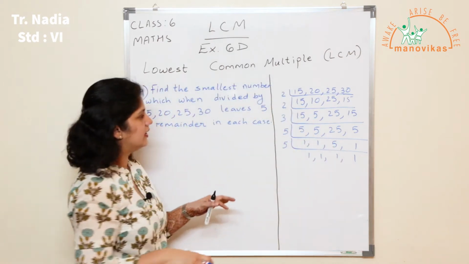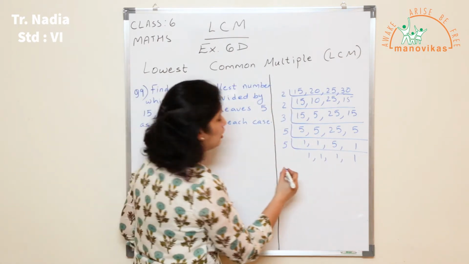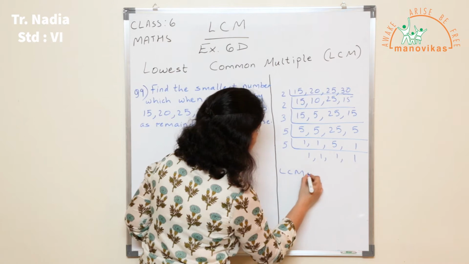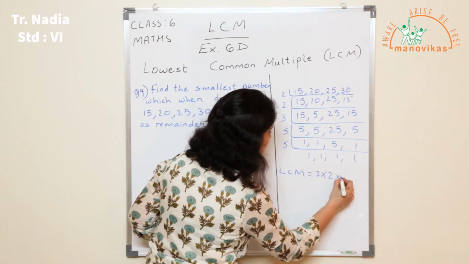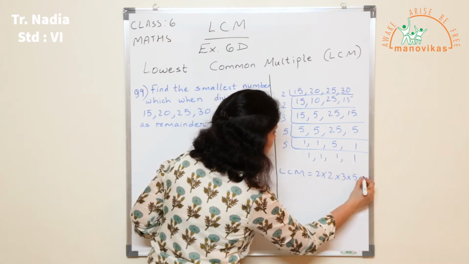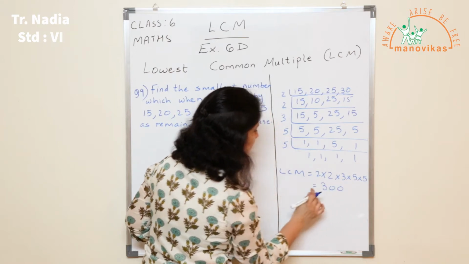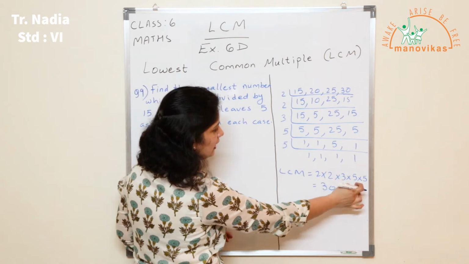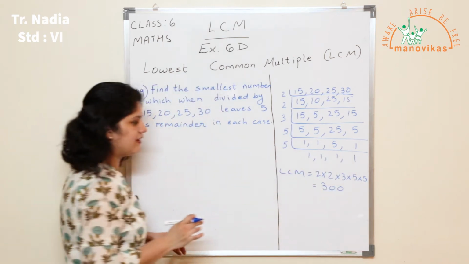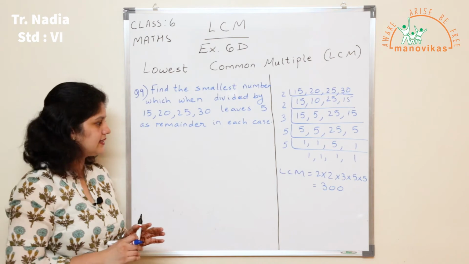Okay, so I have divided all the numbers. What would the LCM be now? Let us multiply 2 into 2 into 3 into 5 into 5. The answer comes to 300. 2 2s are 4, 4 3s are 12, 12 5s are 60, 60 5s are 300. So the LCM is 300.